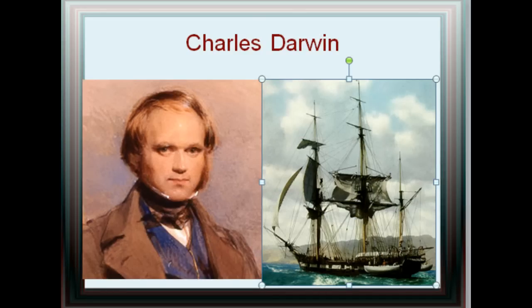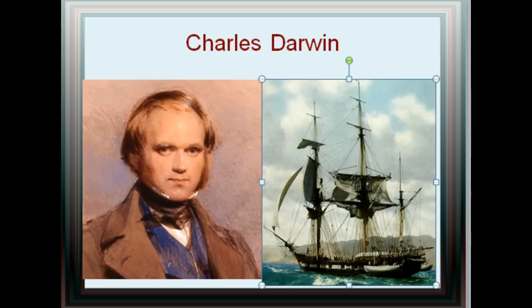Okay, so let's talk a bit more about Charles Darwin. Darwin went to medical school at the age of 16, but dropped out and did what any aspiring scientist at the time would do. He tried to join the clergy, meaning he tried to become a priest. While that didn't work out for him, a priest did get him a job on the HMS Beagle that you see here on the right.